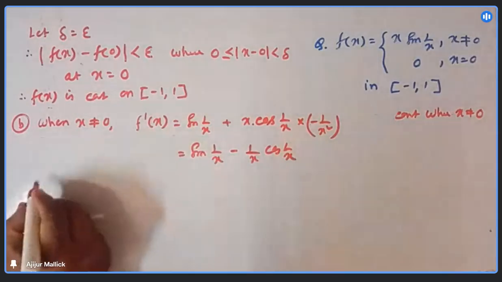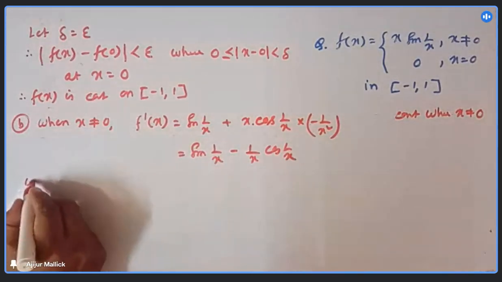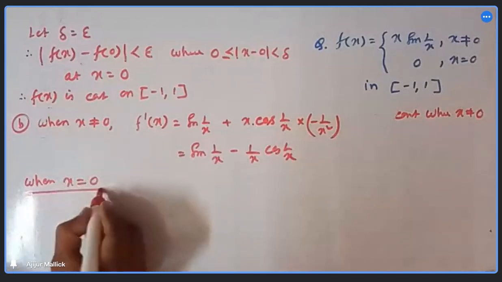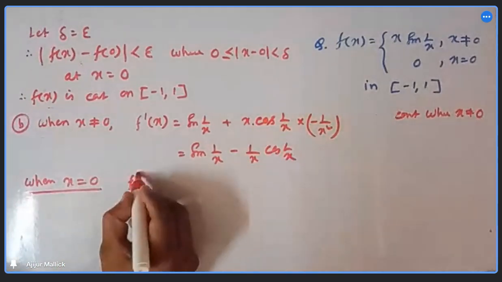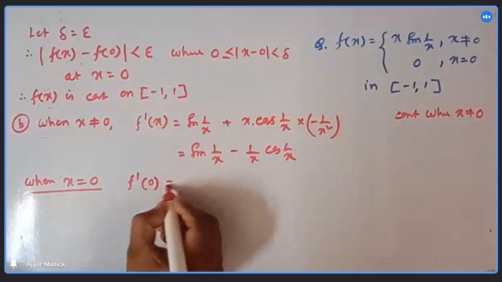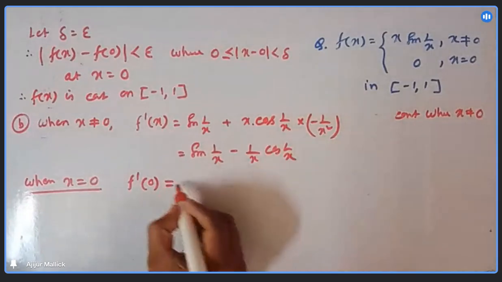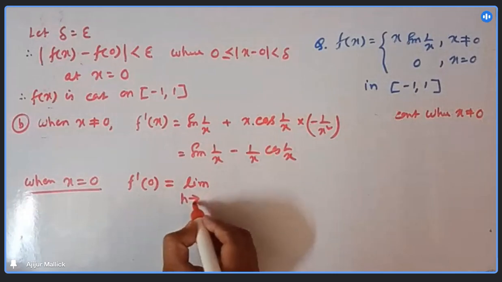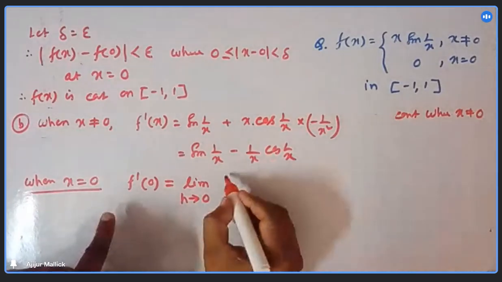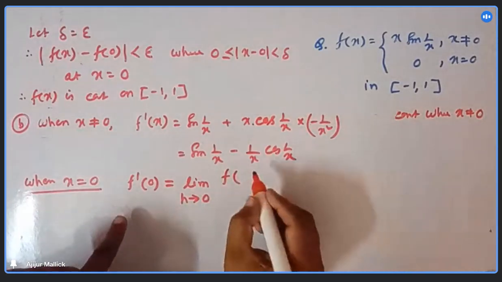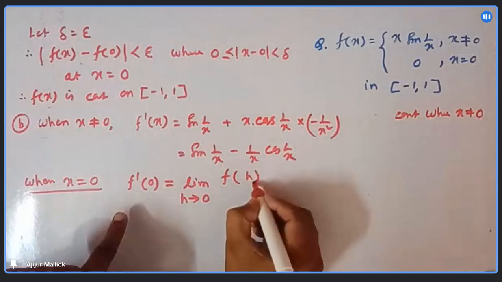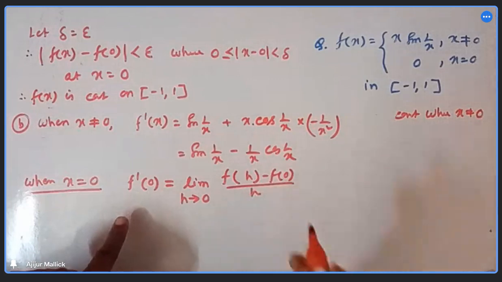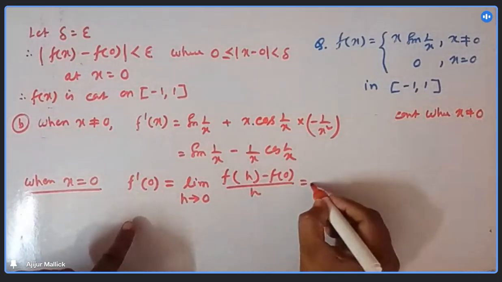Next, when x is equal to 0, find the derivative f dash 0. f dash 0 is equal to limit h tends to 0 of f of 0 plus h minus f of 0 divided by h.